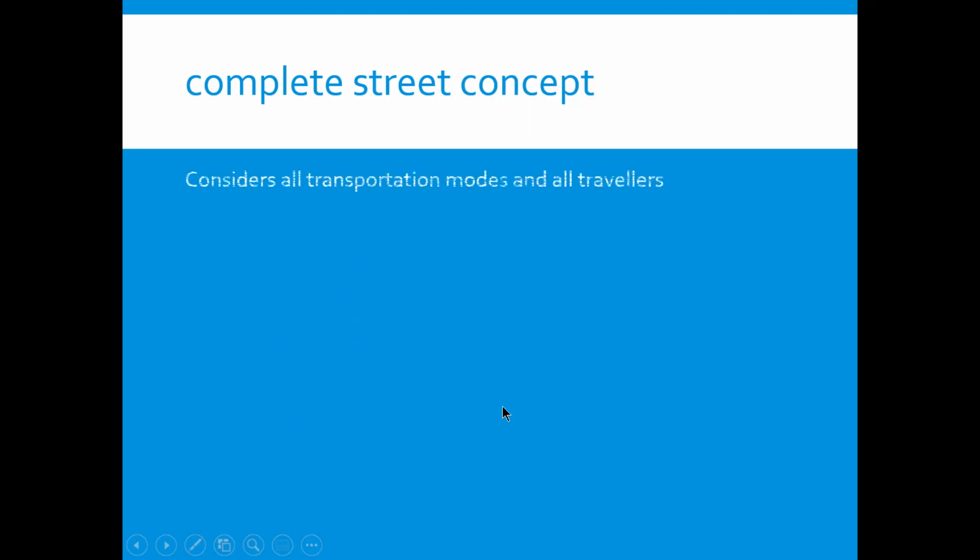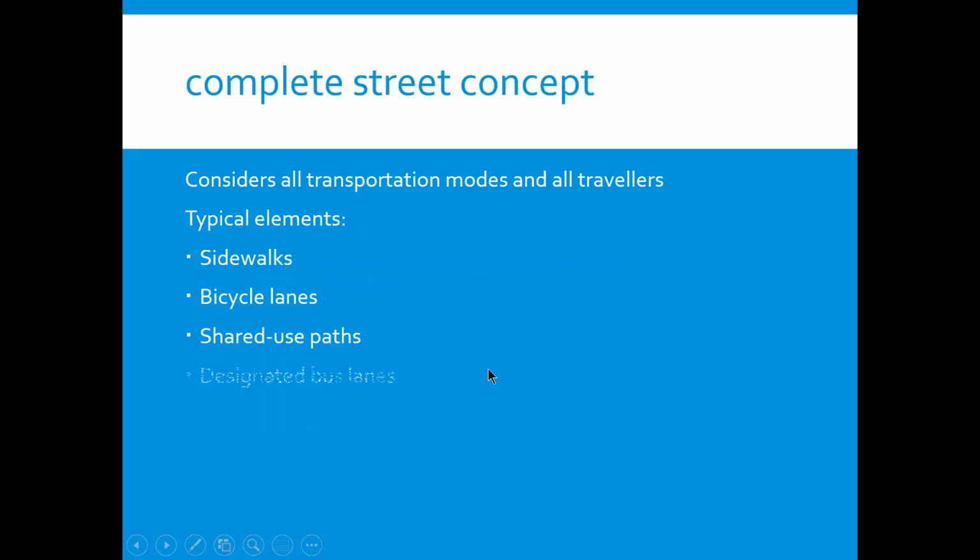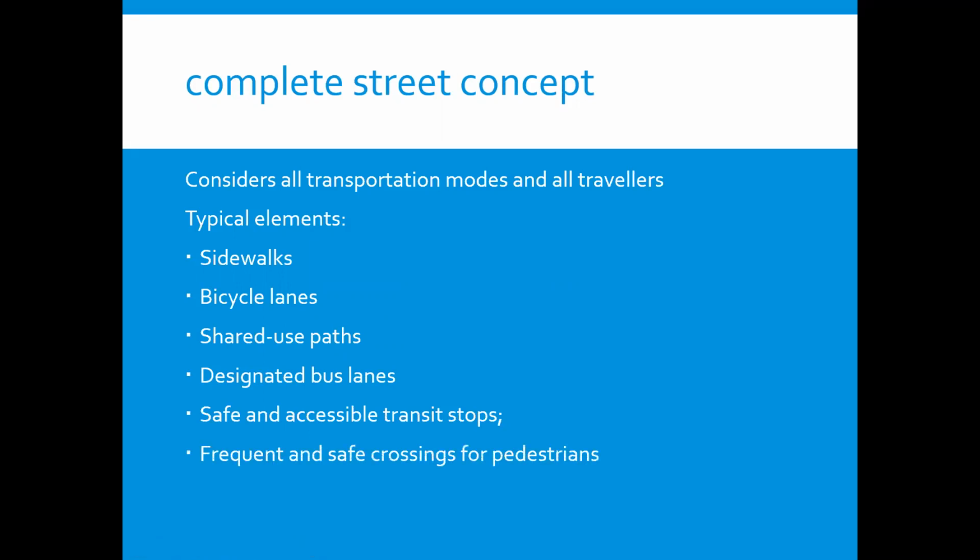The complete street concept considers all transportation modes and all travelers. Typical elements: sidewalks, bicycle lanes, shared user paths, designated bus lanes, safe and accessible transit stops, frequent and safe crossings for pedestrians.